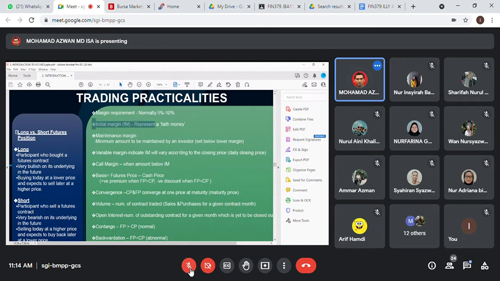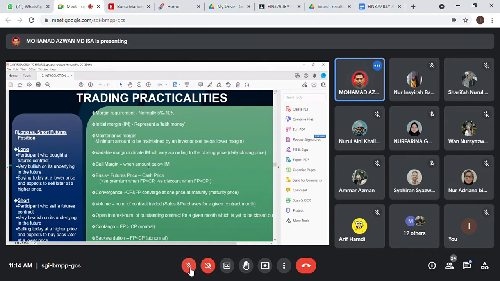Faham tak? Bukan top up to 8,000. Okay, top up back to initial margin 10,000. Faham kan? They give you time to top up until the next day's opening of trading.